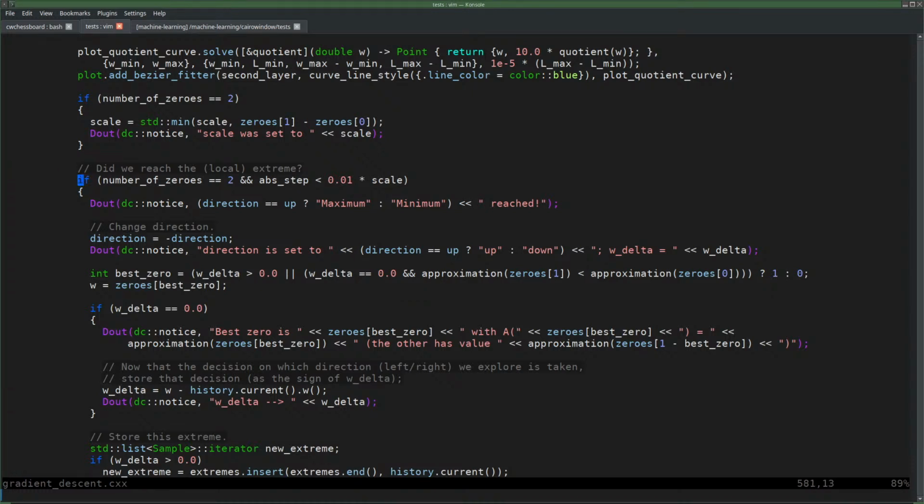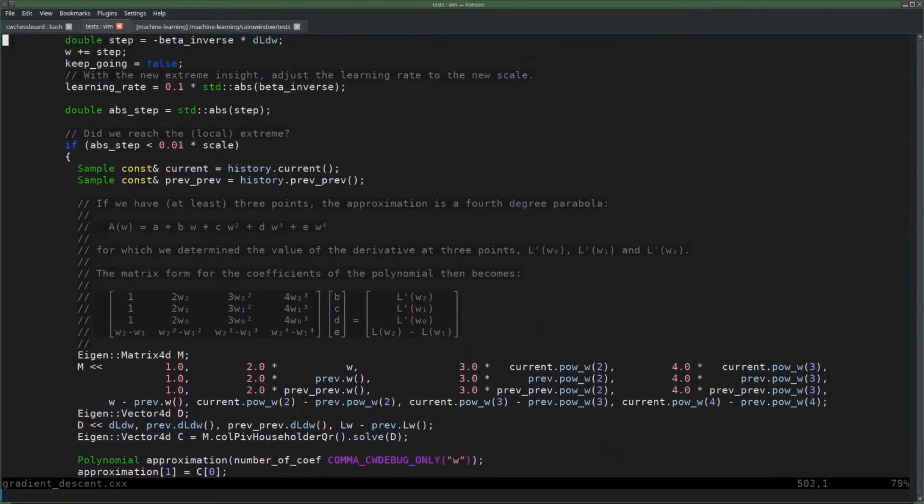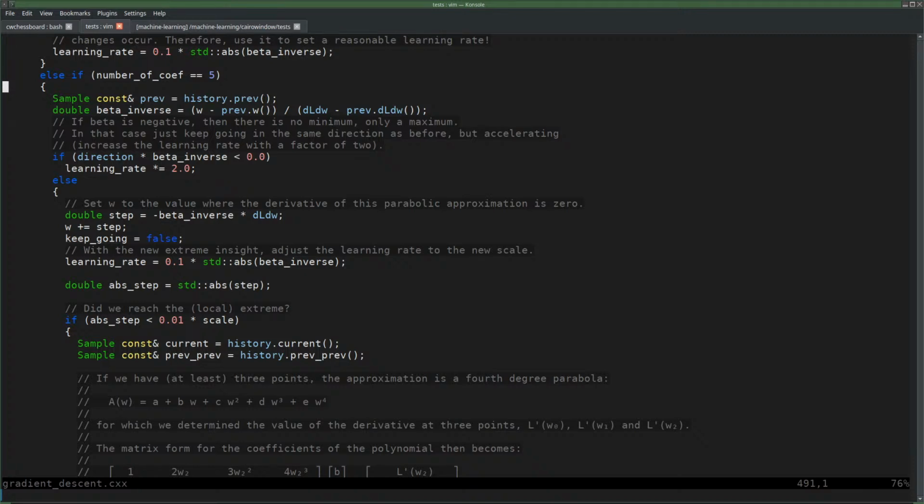That is, this is true, and then we should change the scale.